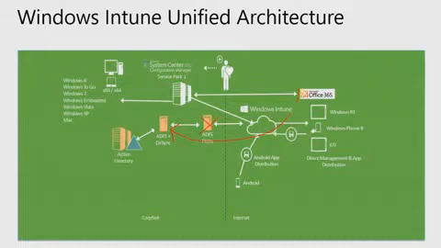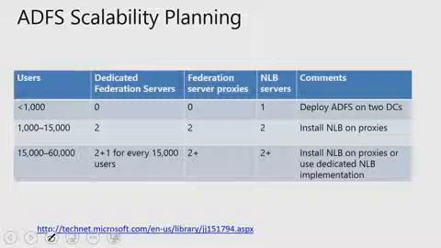Now, the problem with that is that if that goes down or breaks, people can't sign in, right? And so you've created this dependency with ADFS that you rely on a single VM or a single box. So with that in mind, we have the scalability planning, right?